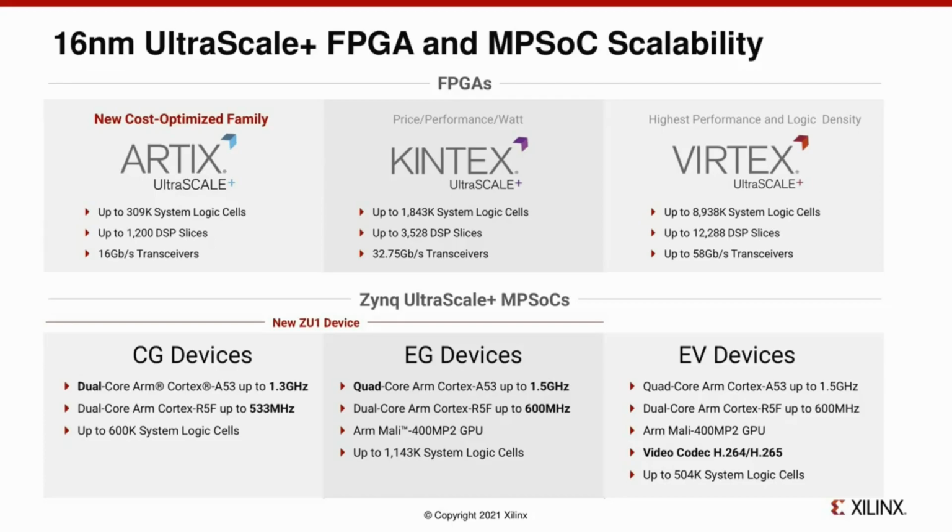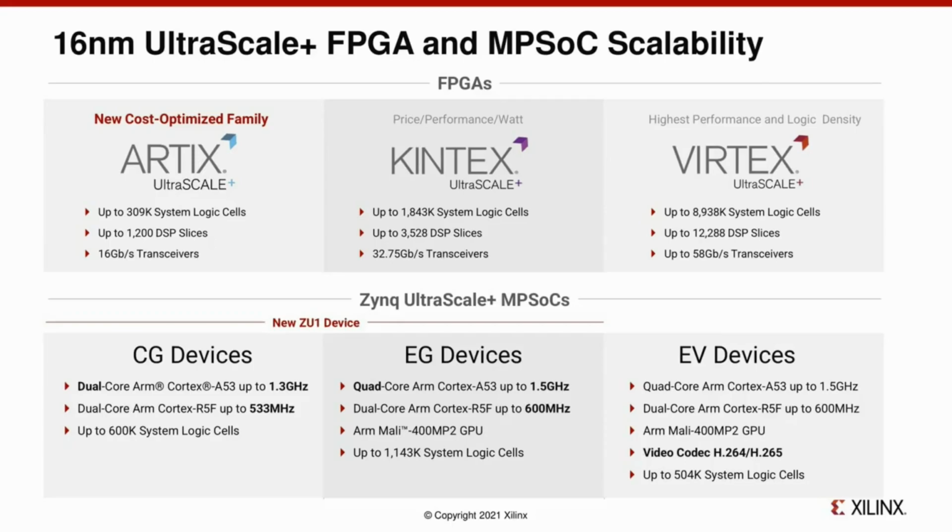So in our latest family of products, which we call 16nm, which is the UltraScale Plus fabric family, we have all these different products that are mentioned here. On the top, what you see are the FPGA-only devices. We have the low end, what we call Artix UltraScale Plus, the mid end, which is Kintex UltraScale Plus, and the high end, which is Virtex UltraScale Plus. And on the SoCs, as you saw from Tawfiq's slides, we have Zynq MPSoCs in different flavors.